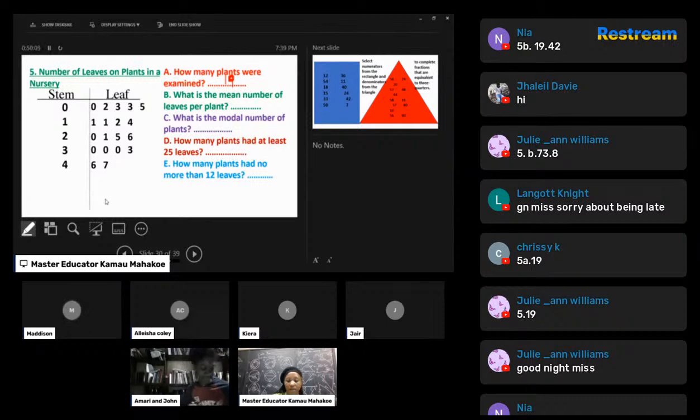The mean number of leaves. Okay, miss. Let's see. 26, 25, 21, 14, 12, 11, 11, 5, 4, 3, 2.